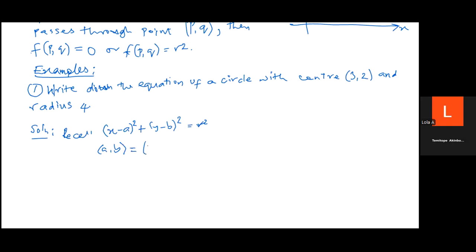So a is 3, b is 2, and we are also given that the radius is 4. So I'll substitute 3 for a, 2 for b, and 4 for r.